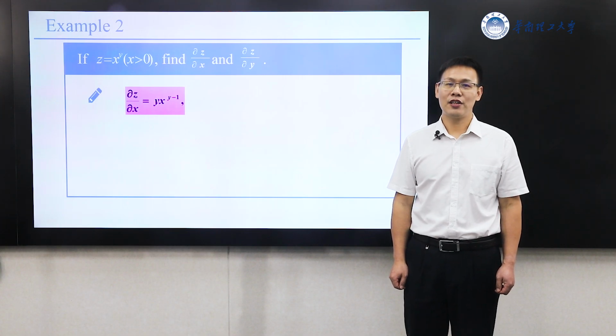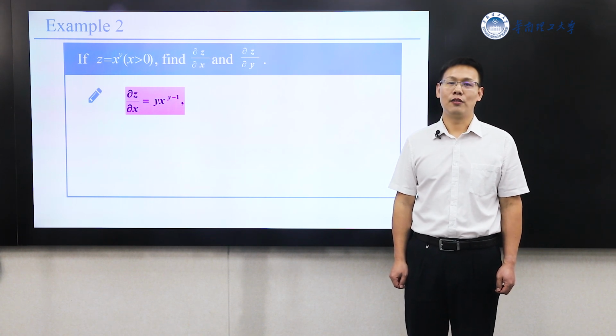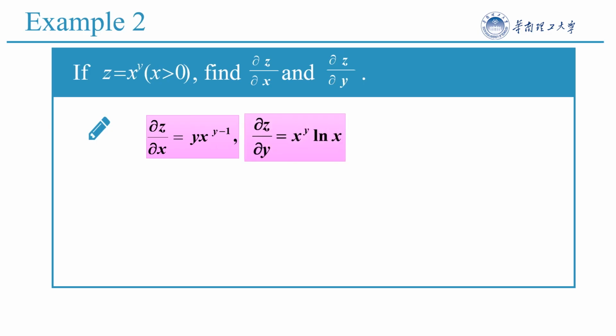So, the partial derivative of z with respect to x is y times x to the power y minus 1. Similarly, taking x as constant, the function is regarded as an exponential function. So, the partial derivative with respect to y is x to the power y times ln x.